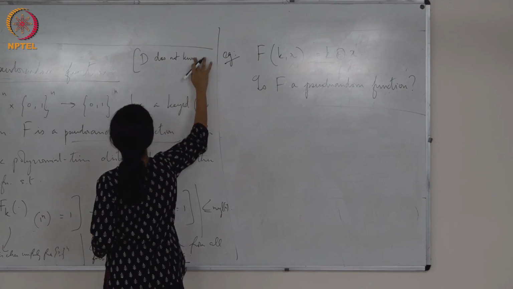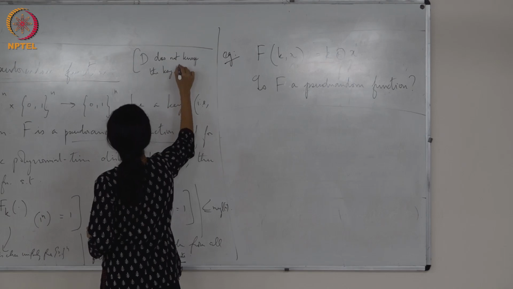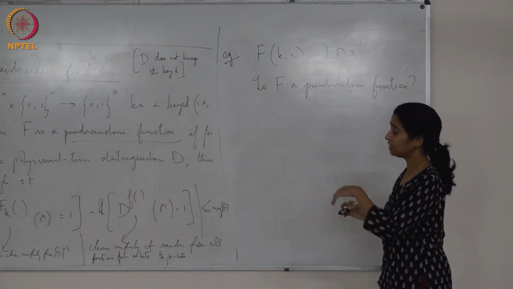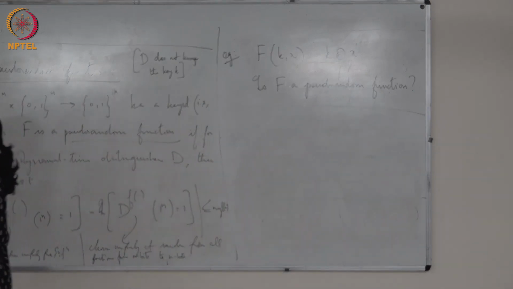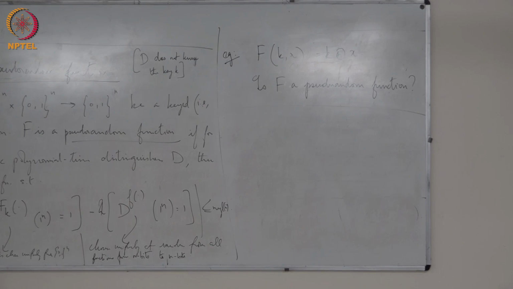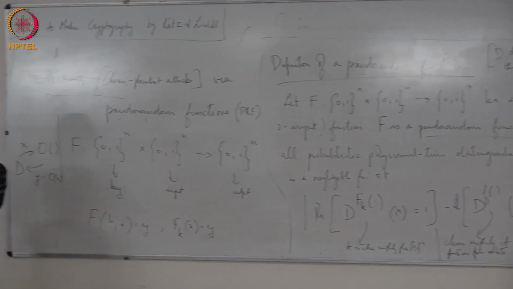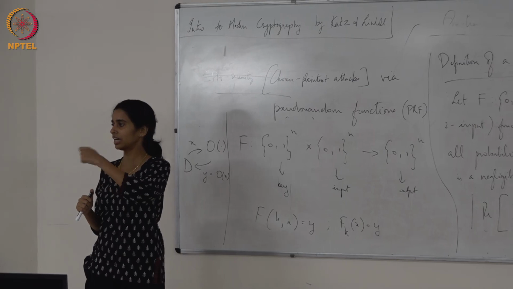D can still send an input as key. What do you mean? D can still send an input. So D will not know that the input is the key. No, I'm saying D will send an input of all zeros. And if you're XORing it, then XOR with 0 is just that itself. Yeah, but then you have to compare that with the key to say that this is indeed the key. D does not have that key.